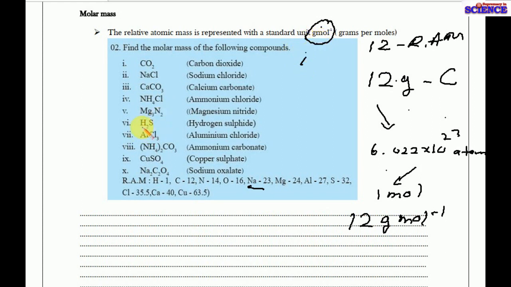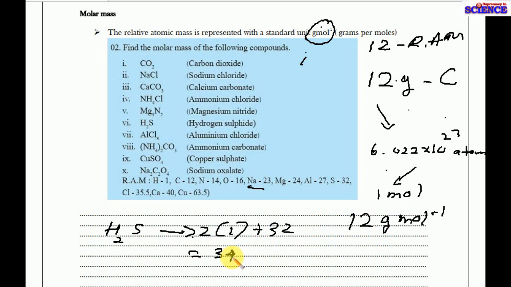For example, take hydrogen sulfide, H2S. Hydrogen is 2 times 1 because 2 atoms are there, plus sulfur 32, you get 34. Now this is the molecular mass.